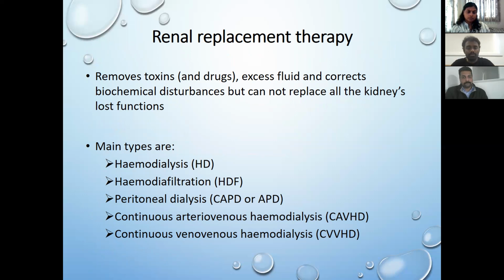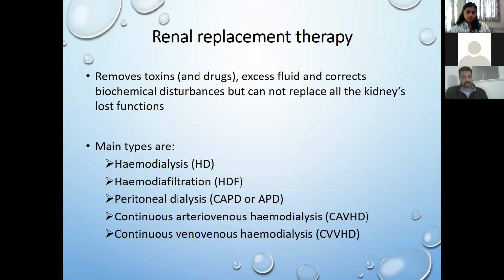Now, other functions of the kidney that can't be replaced by dialysis include the synthesis of hormones such as erythropoietin, which is why we have to supplement them, and making active vitamin D. So that's why we give calcitriol. And given that intermittent hemodialysis is only 3 times a week, there is little or no clearance in between these sessions. So we usually dose to a creatinine clearance of less than 10 ml per minute, unless the patient's got significant residual renal function, i.e. they still pass a lot of urine.